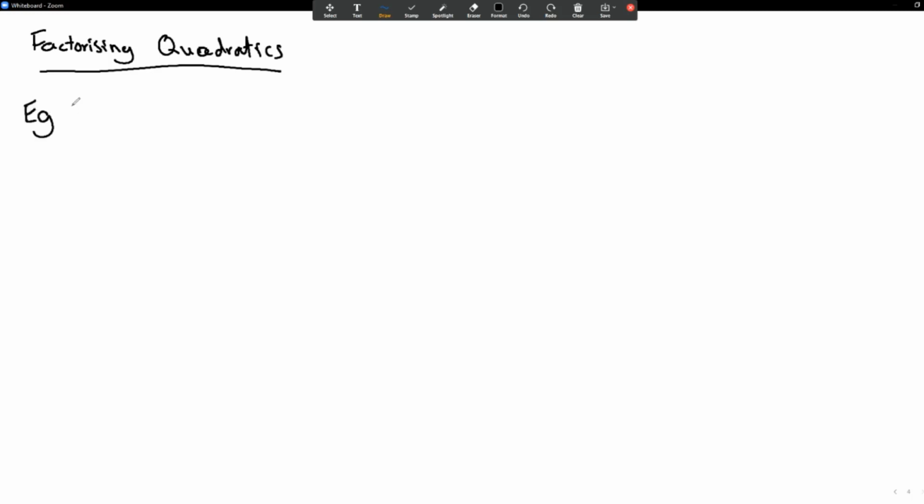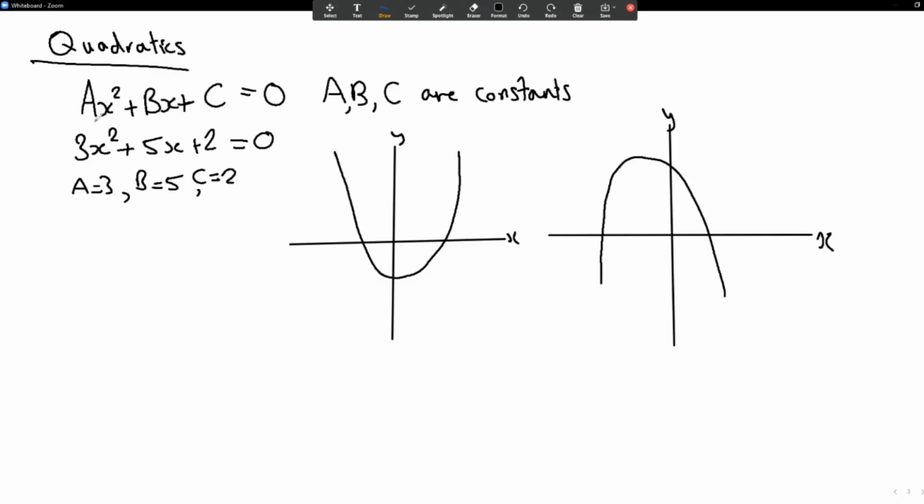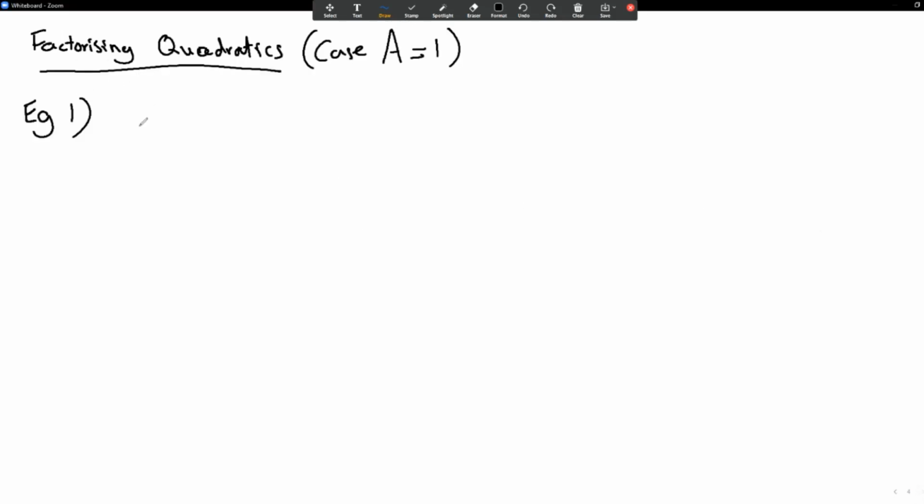So for example 1, there are actually different cases. So this is case a equals 1. You can only use this method when a equals 1. If we go back to our form, a is the number in front of the x squared term.